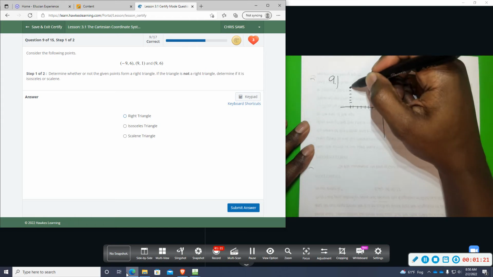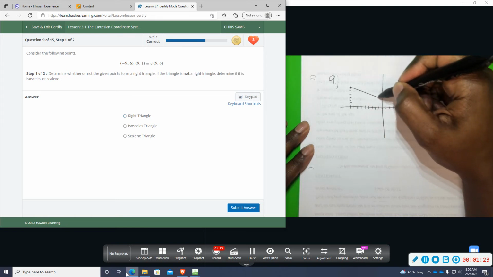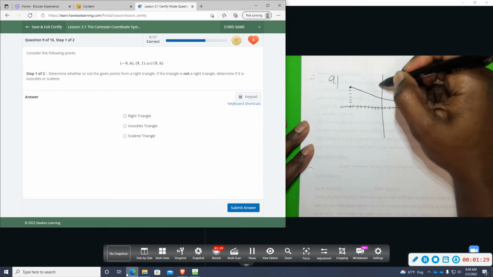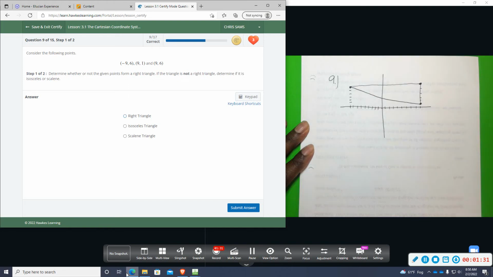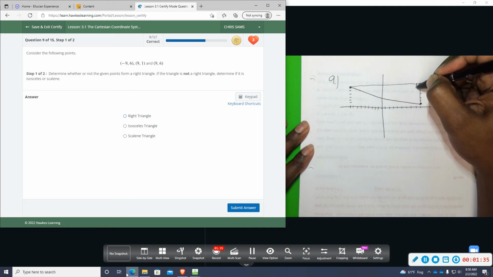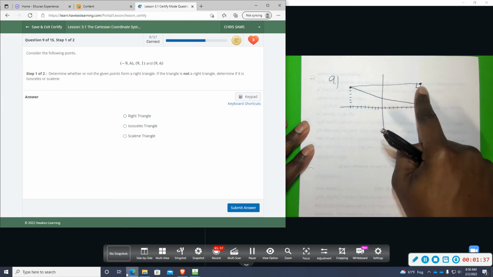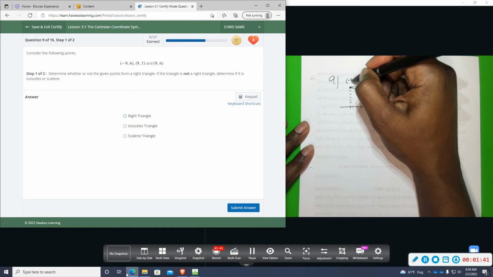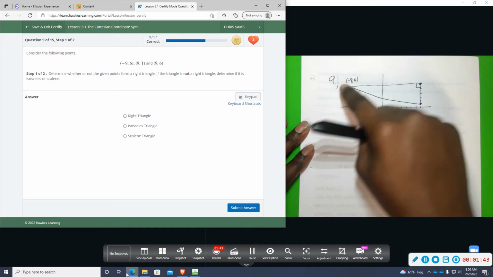Okay, so from this line to this line, this line to this line. My line is not drawn straight, but this would form a right angle. You know that because of the ordered pair. This is -9, 6. These are on the horizontal.